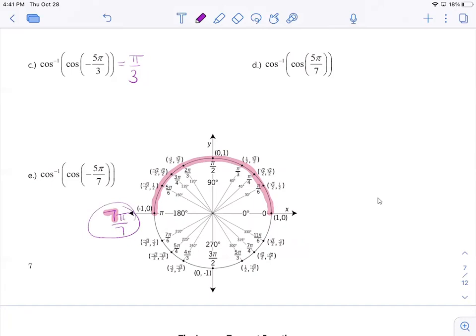Well, isn't 5 pi over 7 smaller than 7 pi over 7? It is. It's probably going to live about right here. Actually, I'm definitely wrong, it would be a little bit closer to the halfway mark. I don't know exactly where it would be, to be honest with you. It would be somewhere around here. So it lives within the restriction, and that's why I can just say 5 pi over 7.